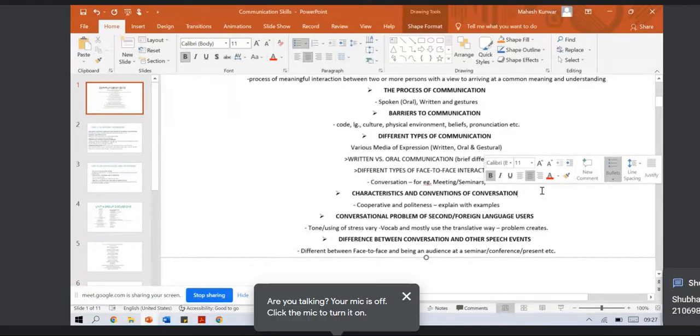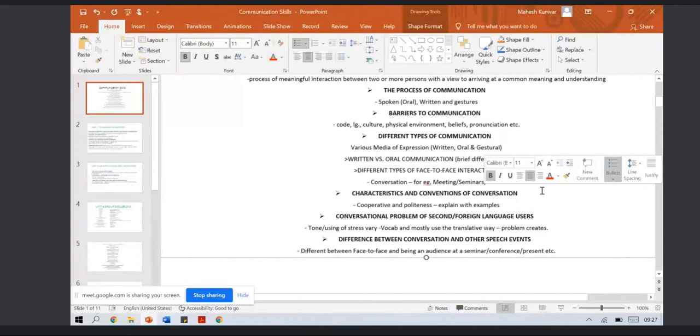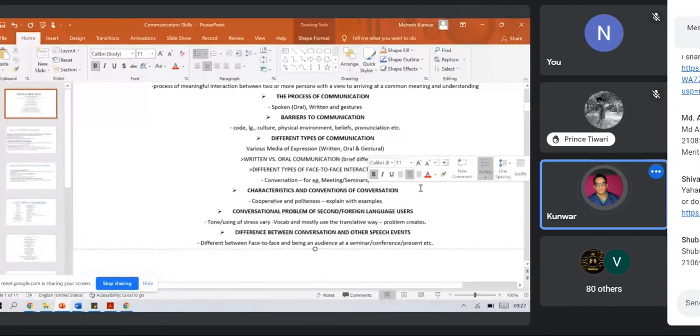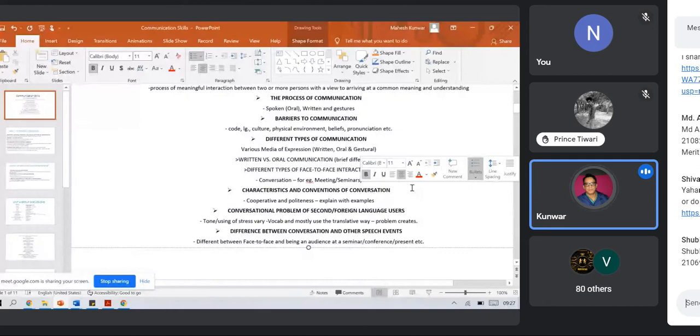It's only stress that makes our accent different. People from the UK have a different accent, people from the US have a different accent, and people from Australia have a different accent, because the same words are pronounced differently.